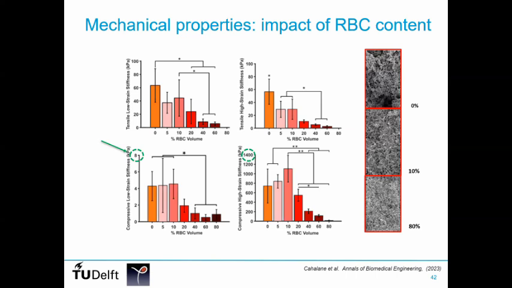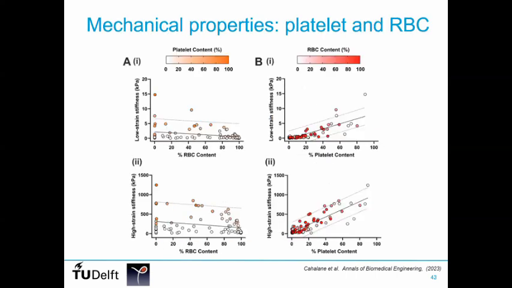So, like I said before, platelets do play an important role, and we now can control the amount of platelets in our samples, so we can tweak that effect. And here again you can see a map of the red blood cell content for the low strain stiffness and high strain stiffness, and each observation is color-coded by the platelet content.